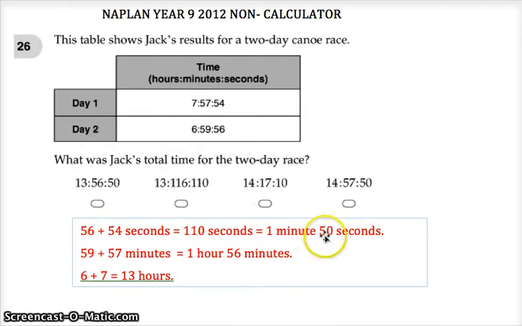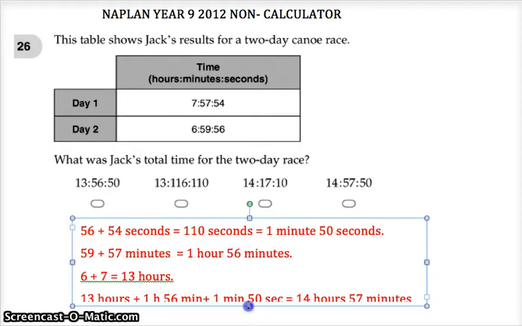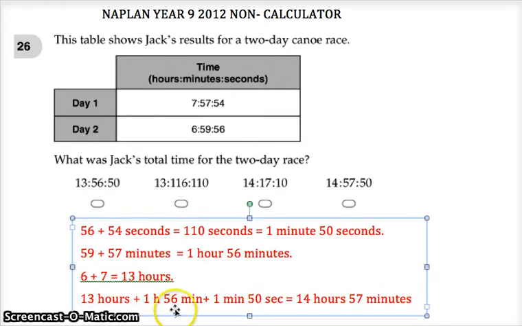Now we have to add all of these totals together. So we've got to add the 13 hours to the 1 hour 56 minutes there, and then we've got to add on the 1 minute 50 seconds. Now if we add all the hours together, we get 13 hours plus 1 hour is 14 hours.